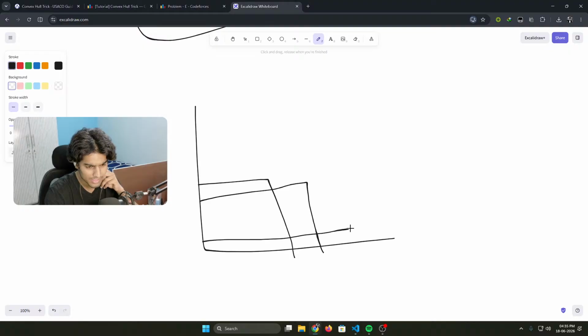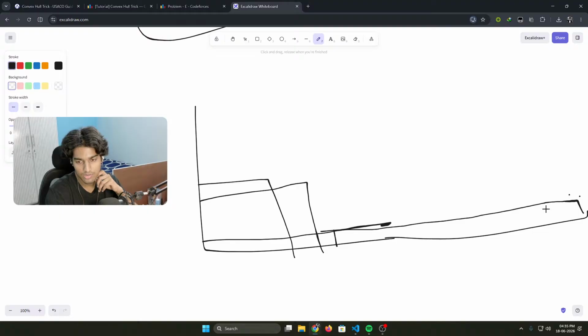We could also have something like this, right? Or something like this. So maybe area is greater than this. As I'm adding more rectangles, what is happening?